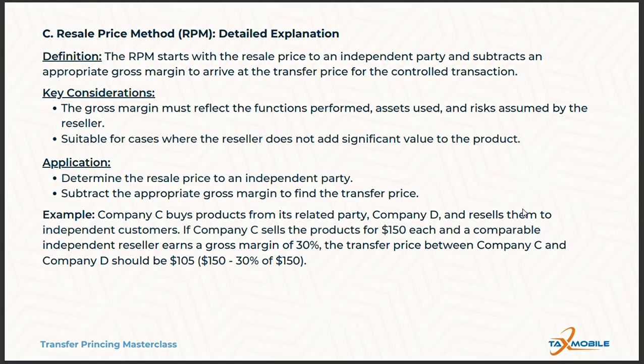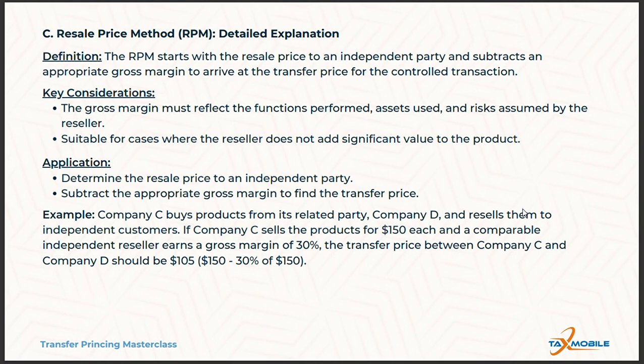Resale price method is suitable for distributors that resell goods purchased from related parties to unrelated customers, particularly when the distributor adds little value to the product. So this method is ideal when comparable resellers exist in the market and gross margin can be easily compared.